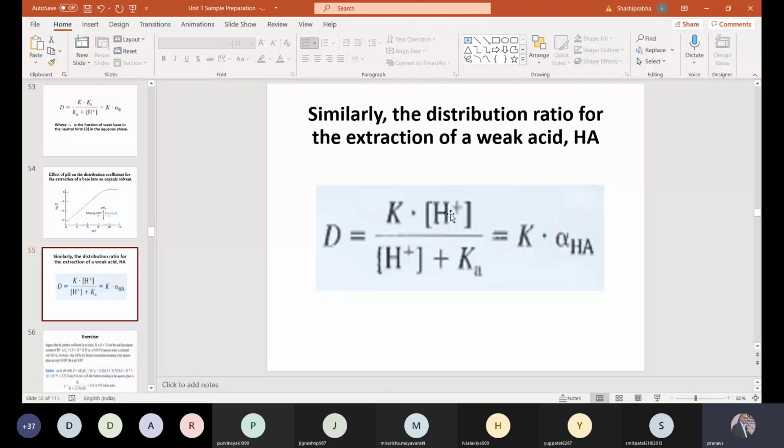So it all depends: if Ka of that acid is very less, that means the acid is very little ionized in the aqueous medium. Then we can eliminate Ka in comparison to H plus, and D becomes equal to K. That is the expression for a weak acid.